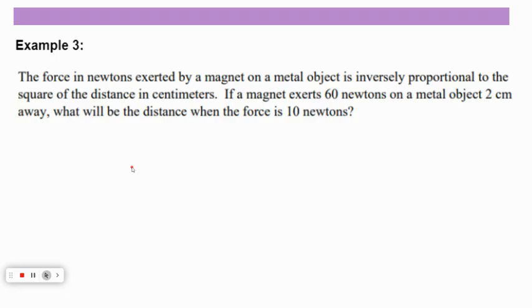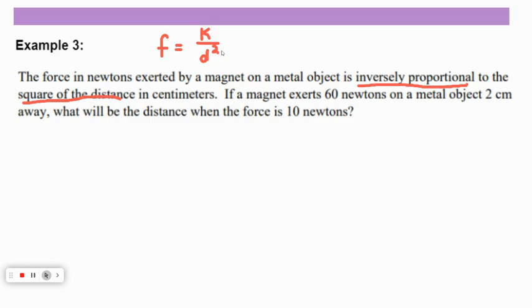All right, so example 3. It says the force in newtons exerted by a magnet on a metal object is inversely proportional. So I know I'm going to have a force that is inversely proportional to the square of the distance.